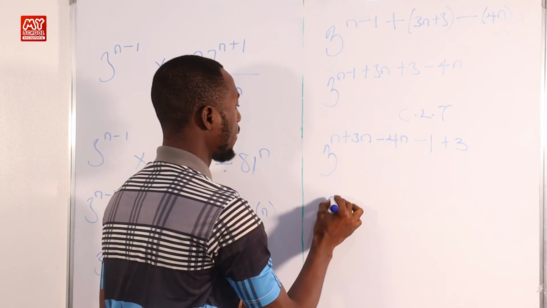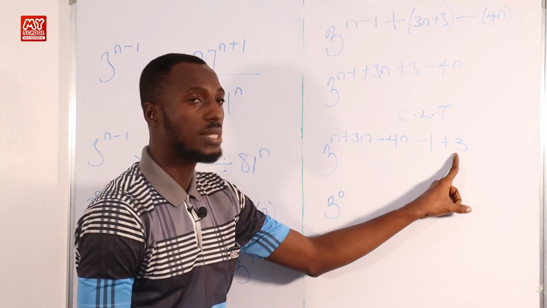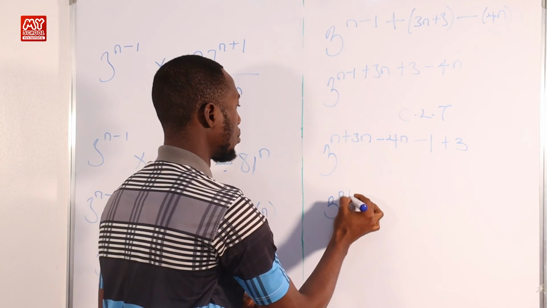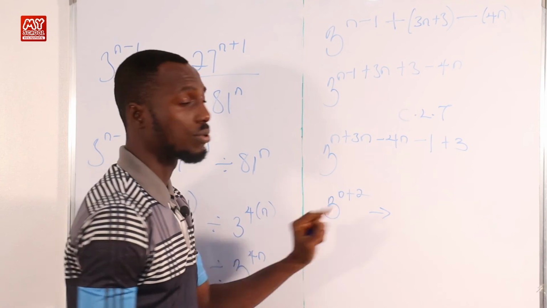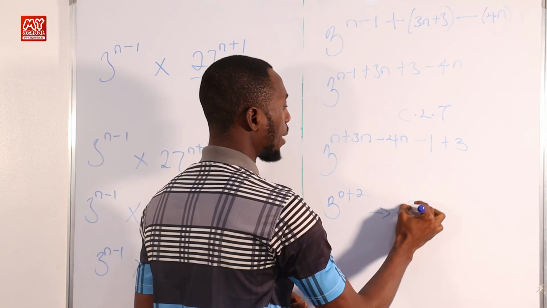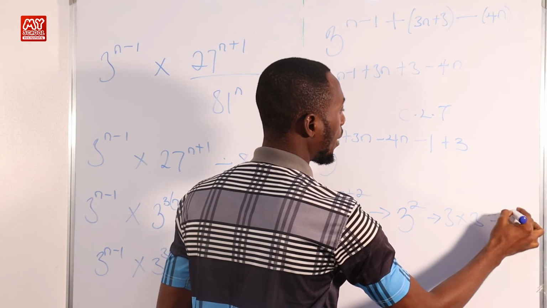We have minus 1 plus 3, that gives you plus 2. So 0 plus 2 is 2. We have 3 raised to the power 2, that means 3 times 3, and that equals 9.